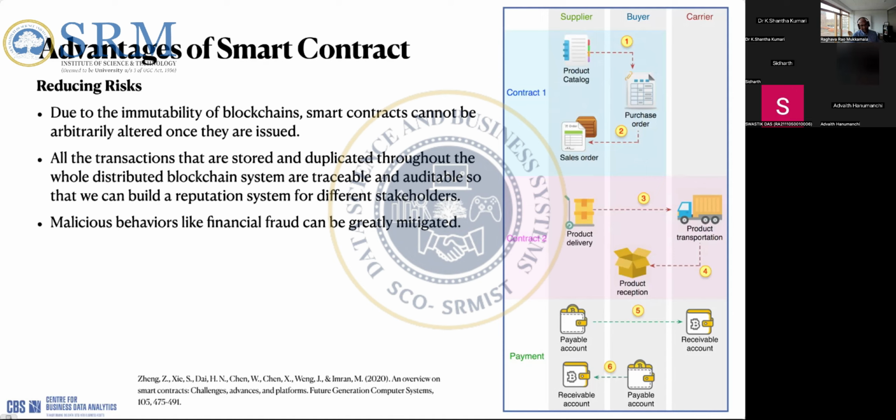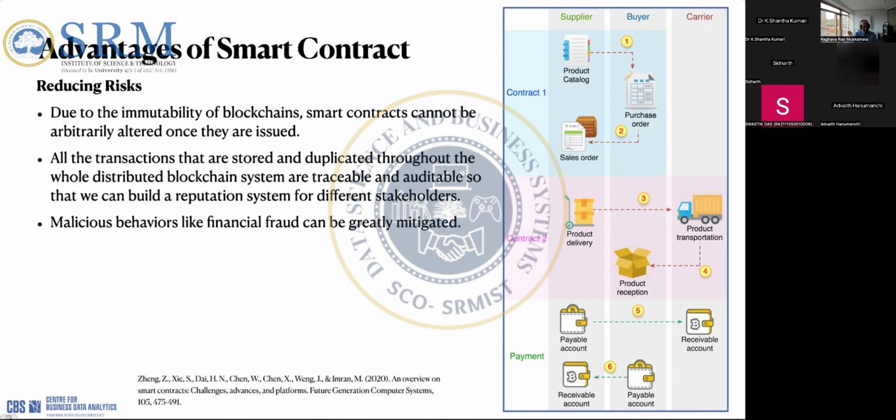And the second thing is all the transactions involved in the contract, for example, the transfer of money and also the orders and other kinds of things, are created as transactions on the blockchain. So they are there permanently, and you can easily use them as a trace, so that you can also audit the behavior of the different stakeholders.